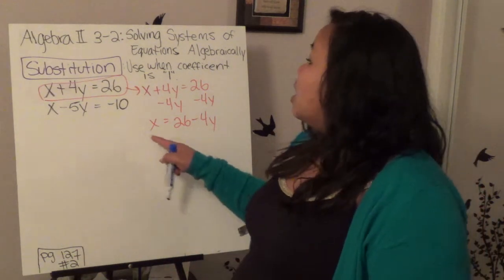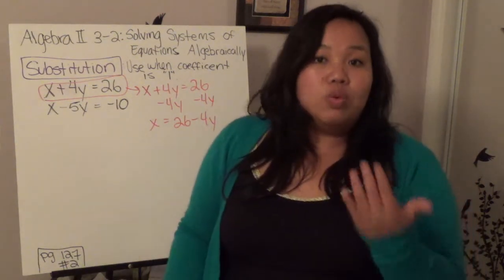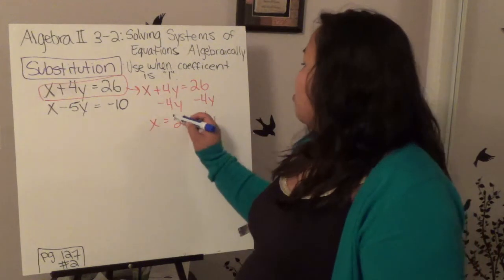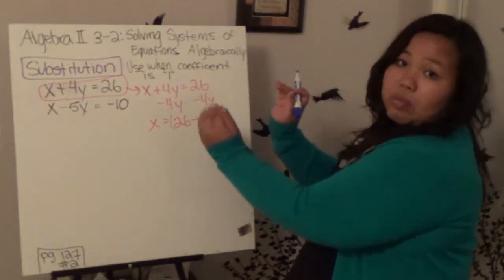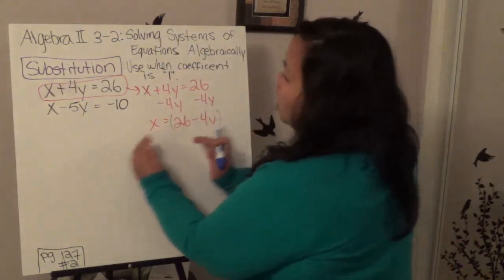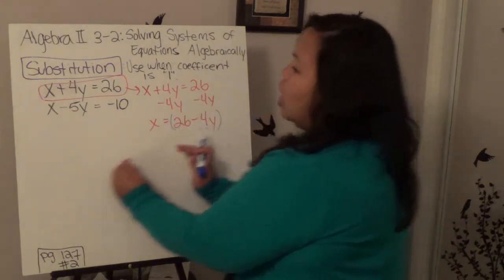So if x equals 26 minus 4y, we can substitute, just like the term substitution. I'm going to put this in a little cloud bubble, and I'm going to take the whole expression and replace the x.